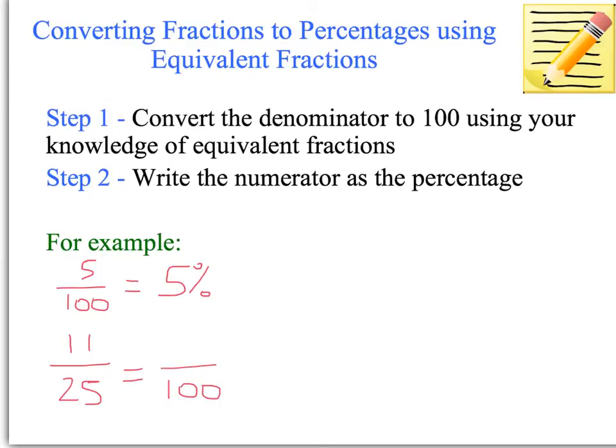So for 25 we actually times it by 4 to get to 100, so we have to do the same to the top. So 11 times 4 is 44, and therefore it is 44% because it's now out of 100.